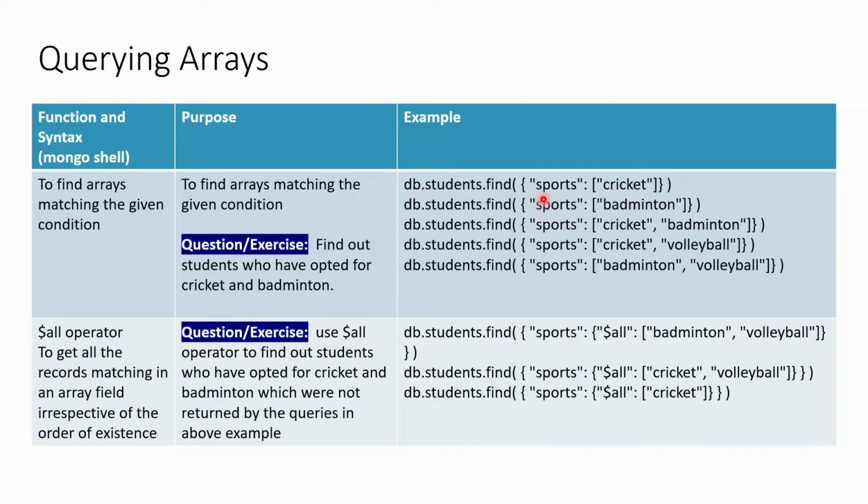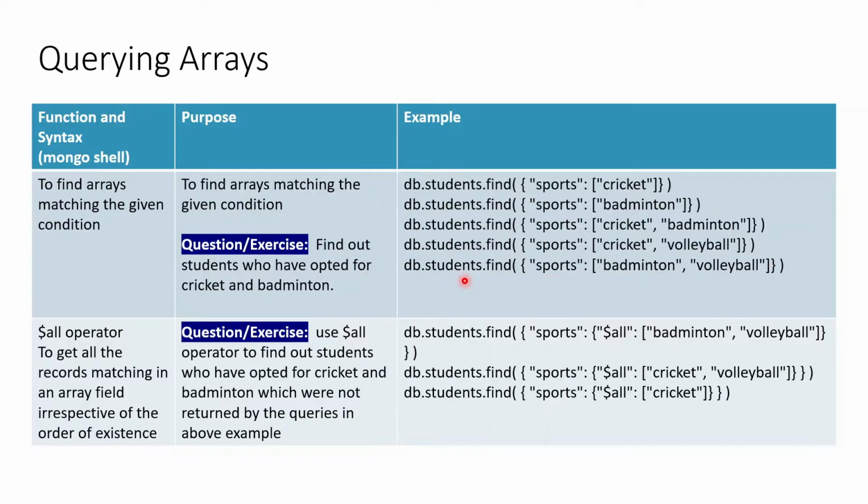I want to find out all the students who have been playing cricket as a sport. Or maybe in the next query it is badminton, or the students who have been playing cricket and badminton, cricket and volleyball. So this is how we can query an array.